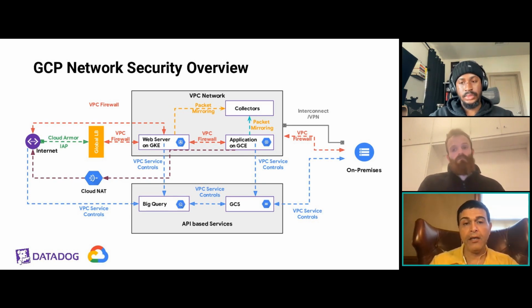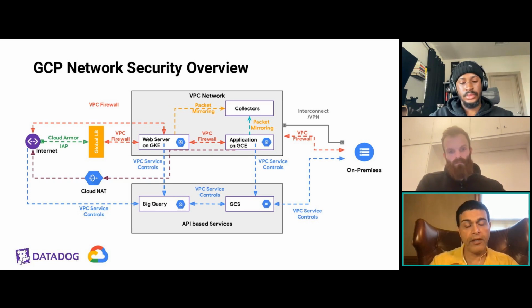Or I can say, well, let's go to my GCE, but not every application on GCE is allowed to use, let's say, BigQuery. So again, we talked about these lateral movements, right? This VPC Service Controls is a very efficient way to control these lateral movements.